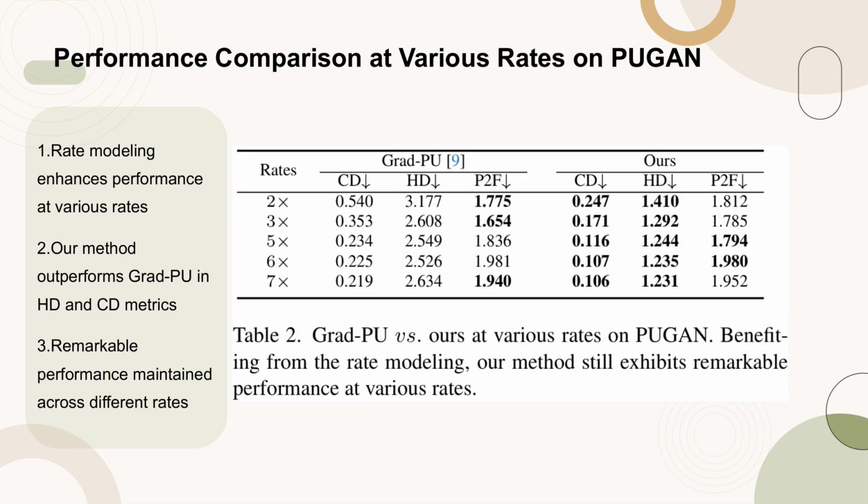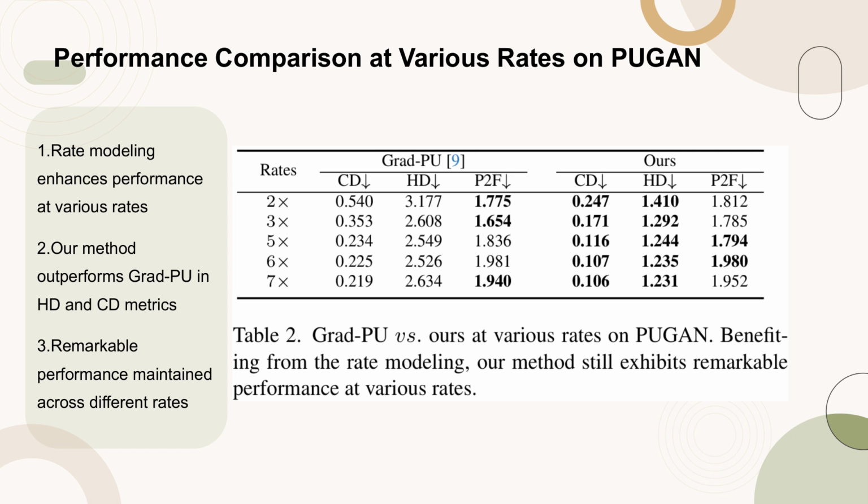Table 2 presents a comparative analysis between GradPU and our method at various rates on the PUGIN dataset. The table highlights that our method, benefiting from rate modeling, continues to exhibit remarkable performance across different rates. Key metrics such as Hausdorff distance, HD, and chamfer distance, CD, demonstrate substantial advantages for our method over GradPU.